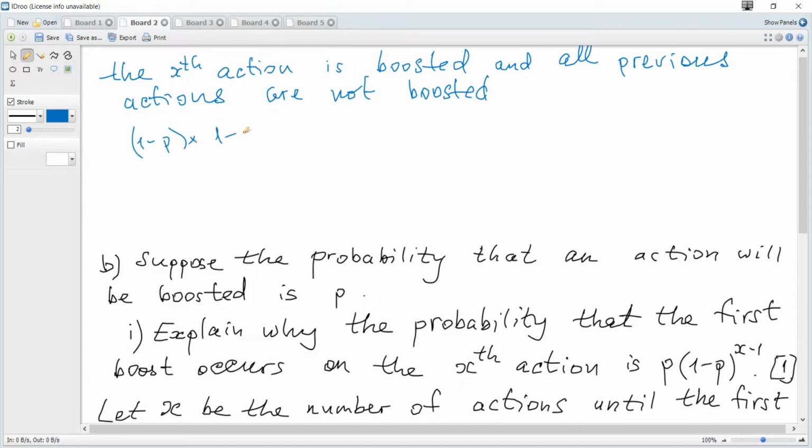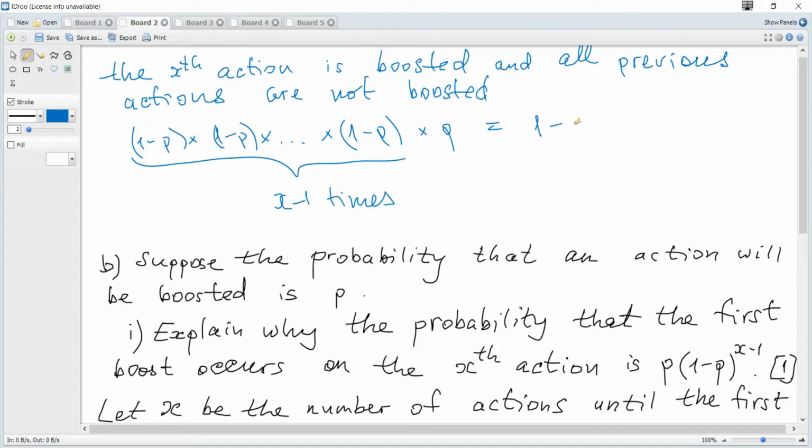It's "and", so it's multiplication: multiplied by 1 minus p, and by 1 minus p, x minus 1 times, and multiplied by p, the probability to be boosted at the x trial or action. You can see that it becomes, as required, 1 minus p to the power of x minus 1 multiplied by p, as required.